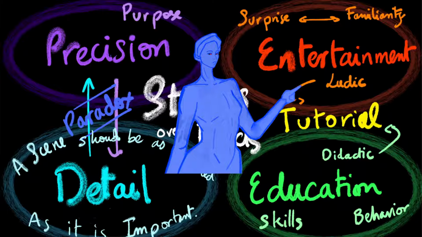The entertainment in a story is achieved by providing a balance between surprise and familiarity. And the educational part of a story may be used to provide skills or specific behaviors to the public and the characters. You want to focus on the characters, for on this part you have some control.